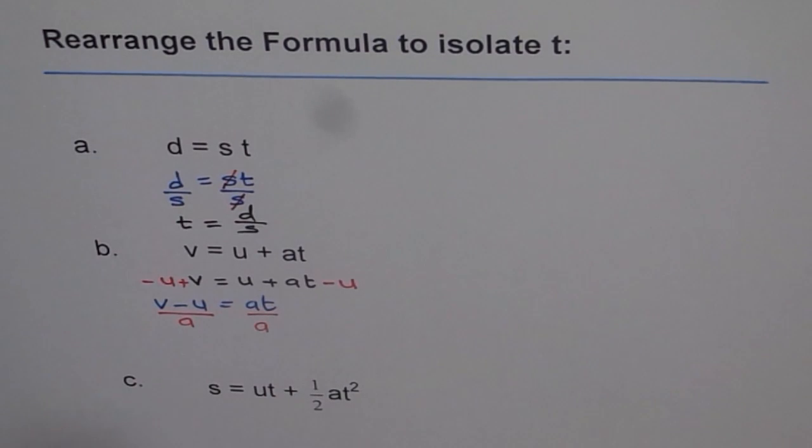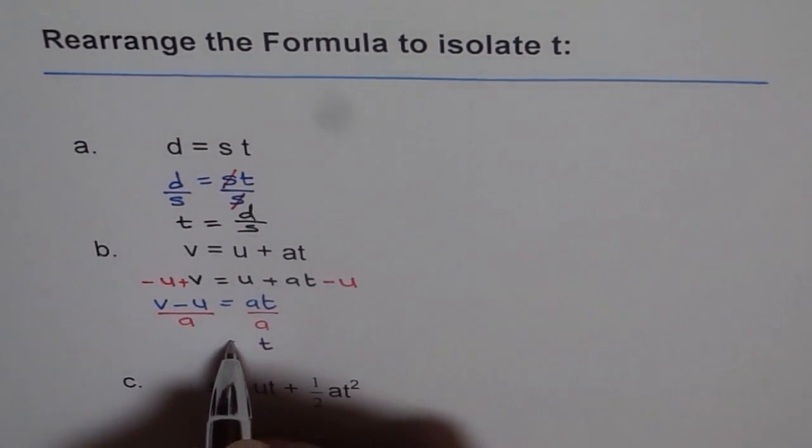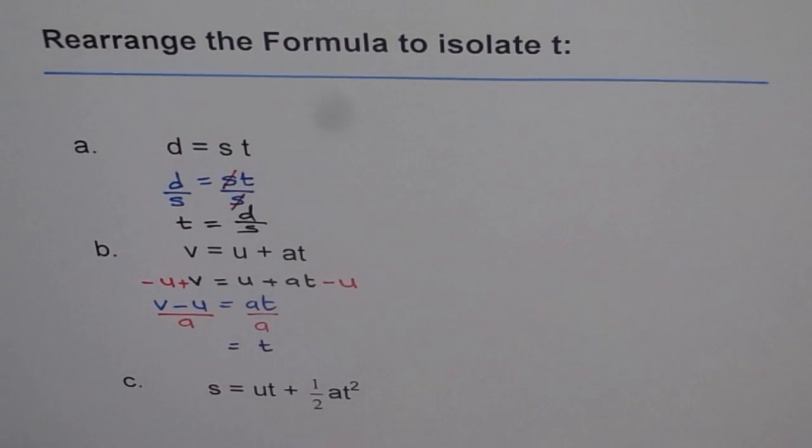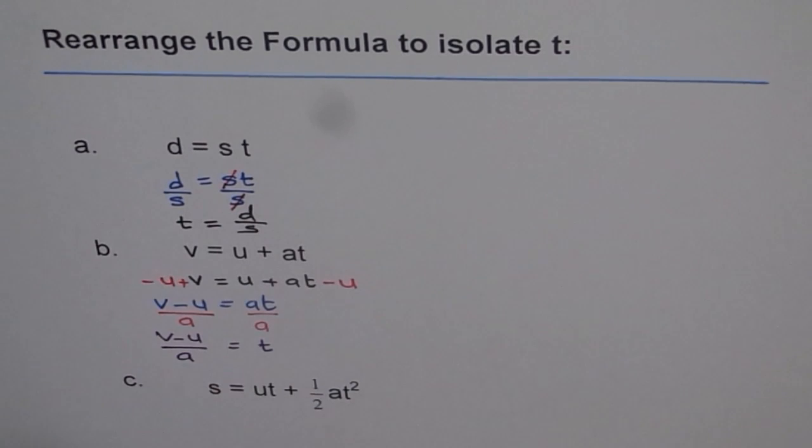If you do the same operation on both sides of an equality, then equality remains and you get an equivalent equation, correct? Now from here, a and a will cancel out, and so we get t equals v minus u divided by a, right? v minus u divided by a. And that is how we isolate t from this kind of equation.